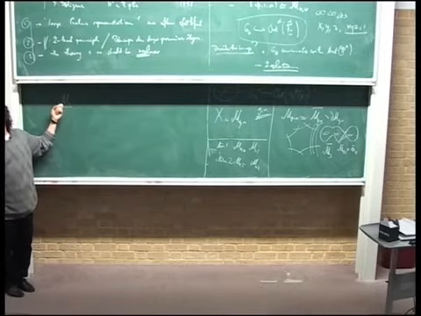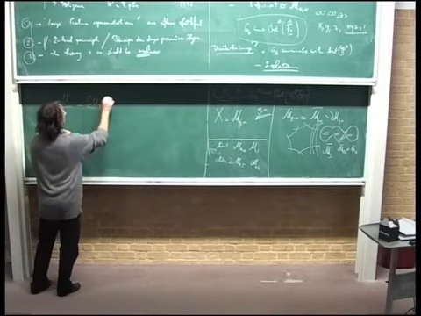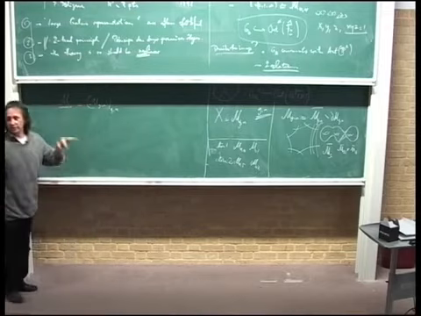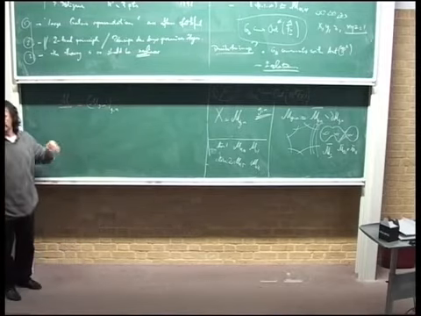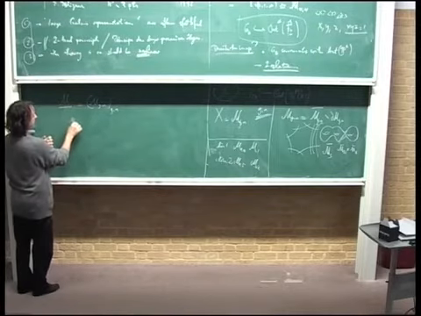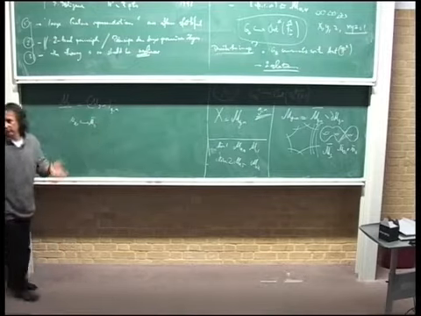I haven't defined it. It means all the M_g,n, all g, all n, with various arrows like this one. For instance, this would give you an arrow from M_2,1 into M_3 bar.